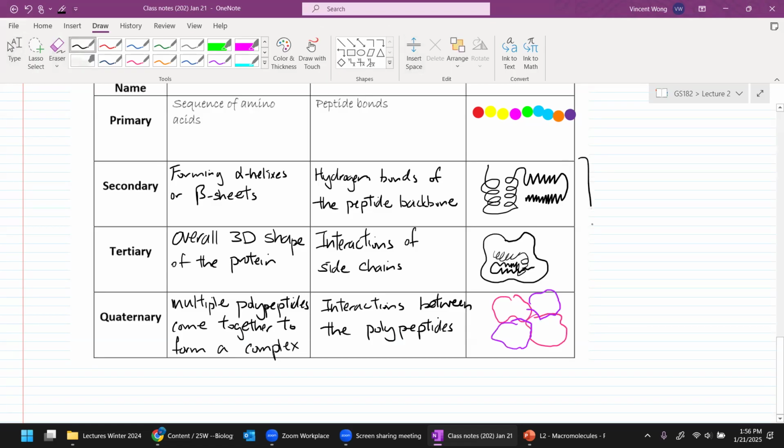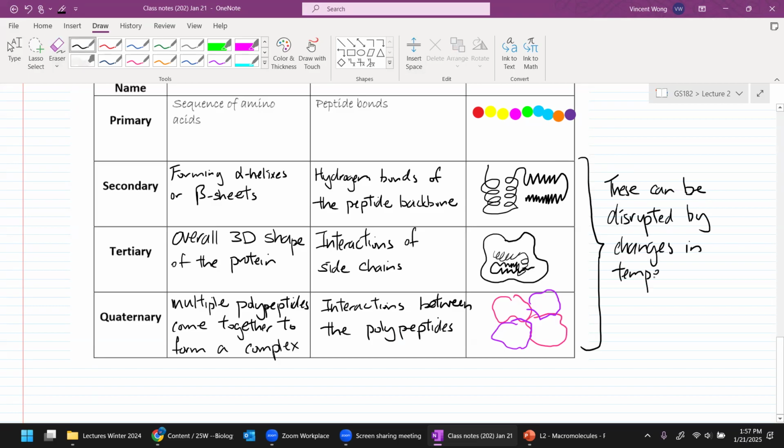Now, these 3 levels, the secondary, tertiary, and quaternary, can be disrupted by changes in temperature, pH, or salt concentration.